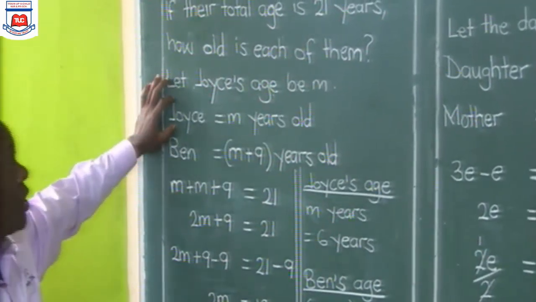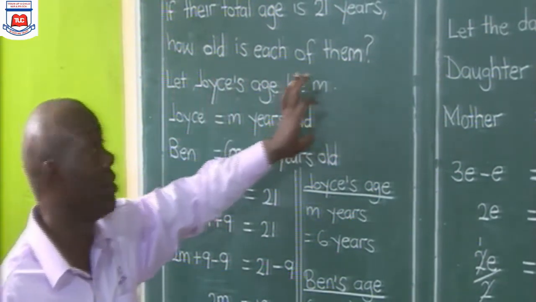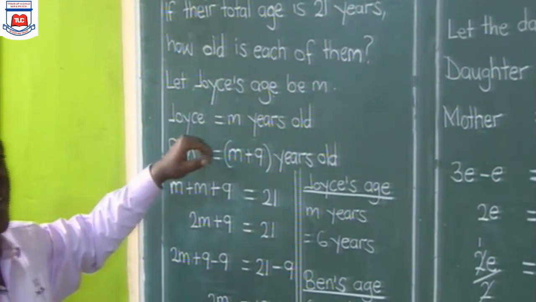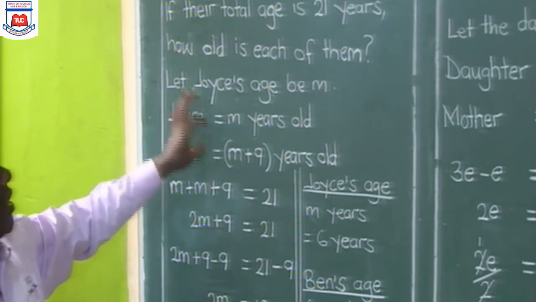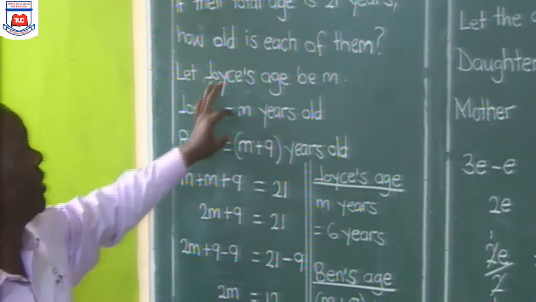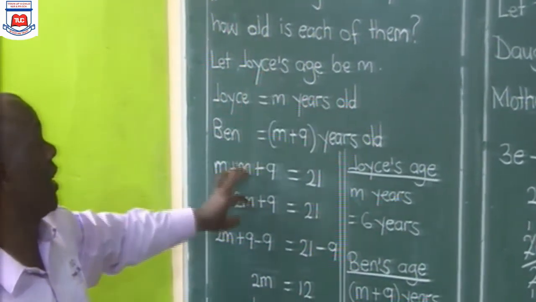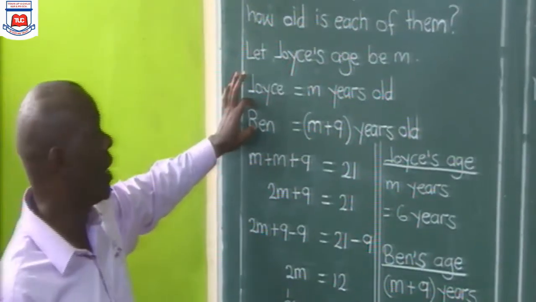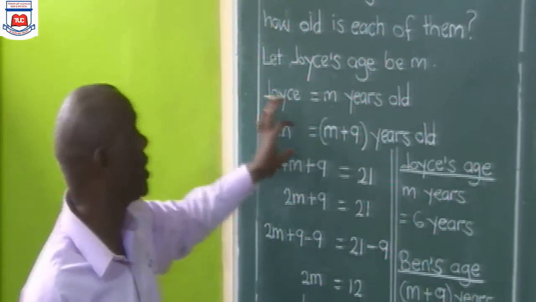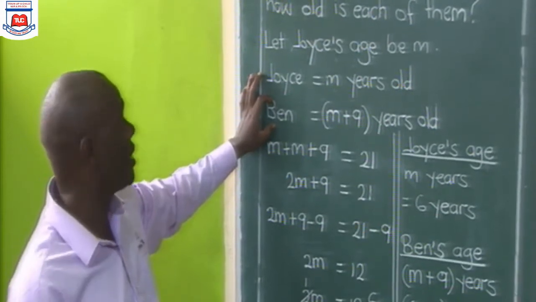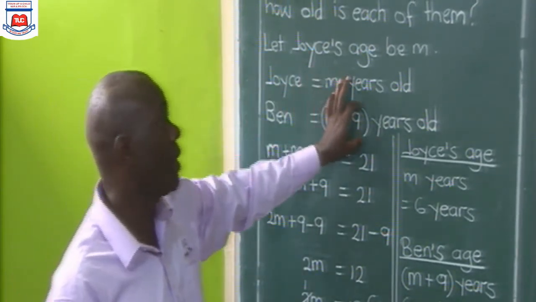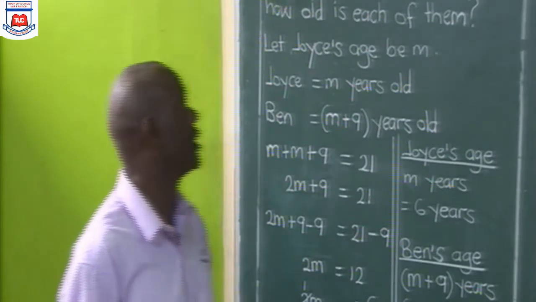So that when Joyce is M years old now, then the older by 9 years is formed by increasing 9 onto Joyce's age. That is Ben. If Joyce is M years old, then the older by 9 years, Ben, is M plus 9 years old.